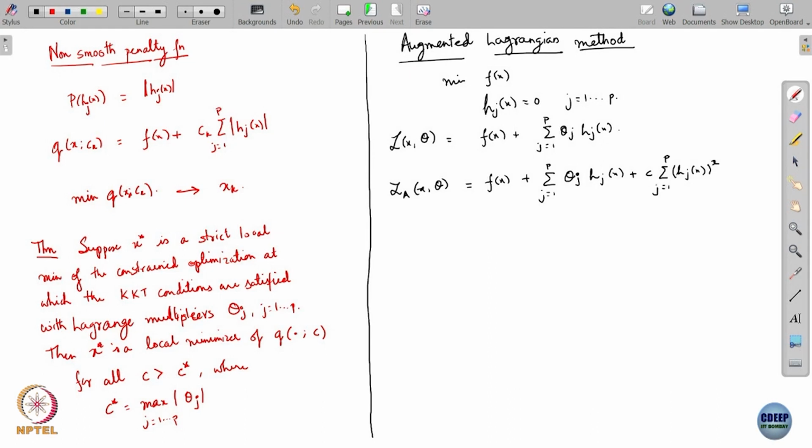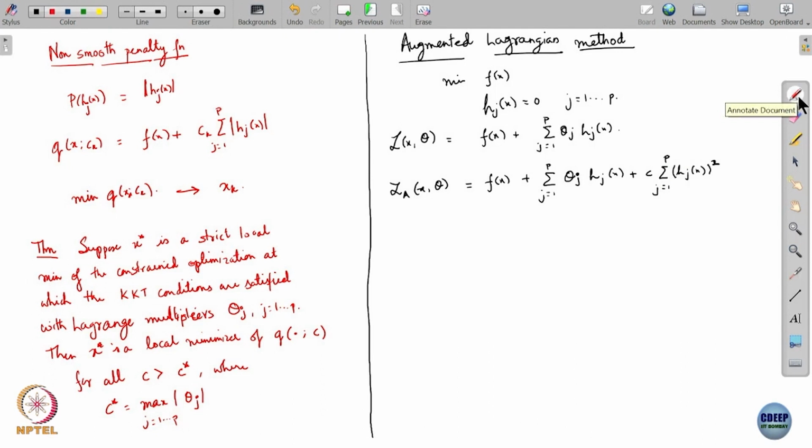So, you have your quadratic penalty added on top of the usual Lagrangian. That is why this is called an augmented Lagrangian. So, you are augmenting the Lagrangian with this additional term.